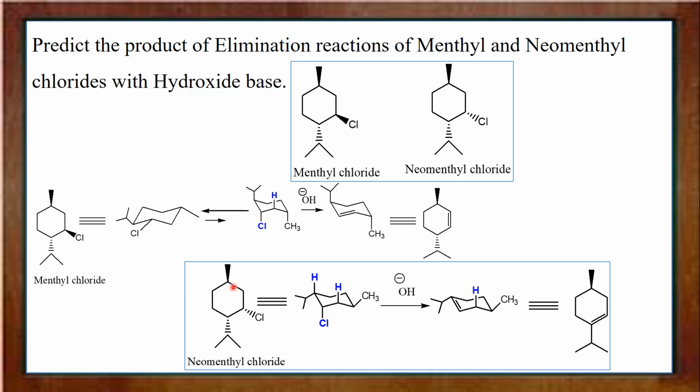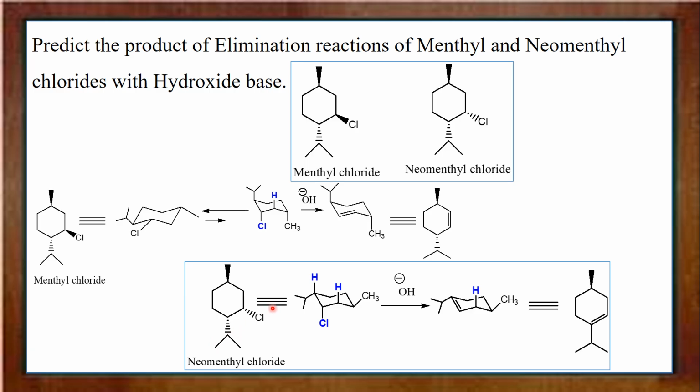For two groups to be trans in the 1,4 position, they should either be diaxial or di-equatorial. So isopropyl is already oriented in the equatorial direction. Therefore, methyl also should be in the equatorial direction. And with respect to isopropyl, this chlorine is cis.